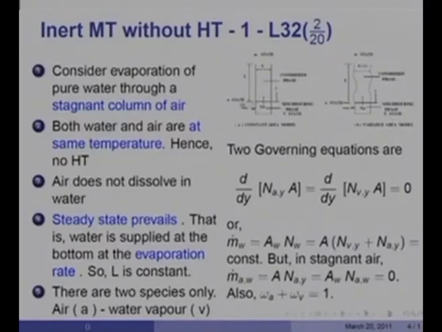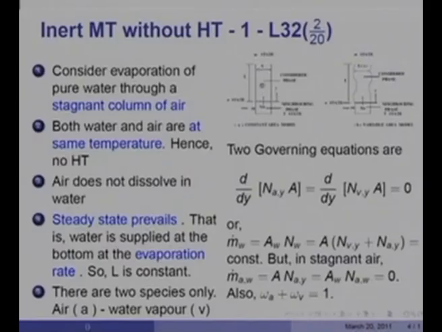So, let us say I have a tank here with water in it, and the water evaporates because in the infinity state the air is either dry or has a relative humidity less than 100%, and therefore, there would be mass transfer from water to the infinity state. The column height that I have considered above the water is L, and the air in the column is stagnant.